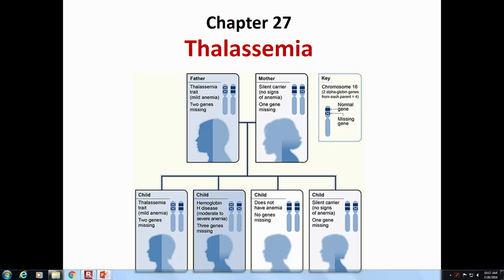Because this is telling me this person is not going to be able to produce any beta hemoglobin. And you already know that adult hemoglobin A consists of 2 alpha and 2 beta. But we just said you don't produce beta, so you're not going to have any hemoglobin A. Okay? But this is not complex enough.